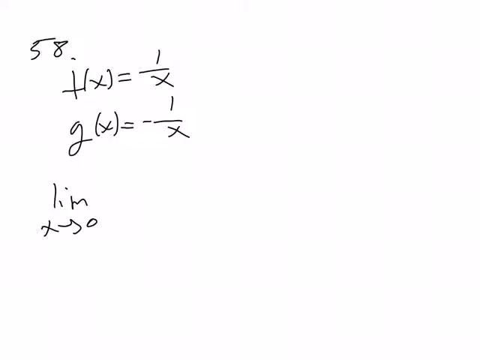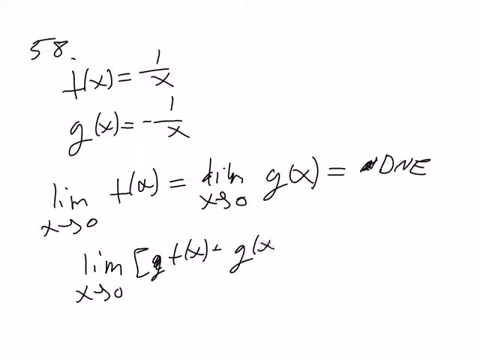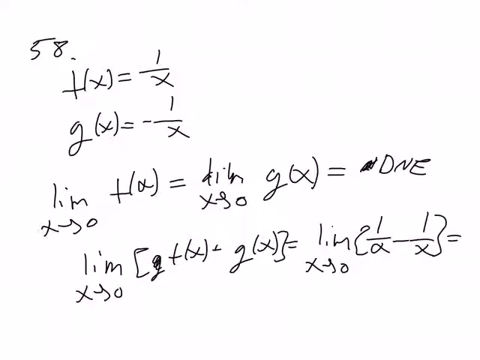So the limit as x approaches 0 of f of x does not exist, and the limit as x approaches 0 of g of x does not exist. But the limit as x approaches 0 of f of x plus g of x is equal to the limit as x approaches 0 of 1 over x minus 1 over x, which is equal to 0, and so that limit exists.